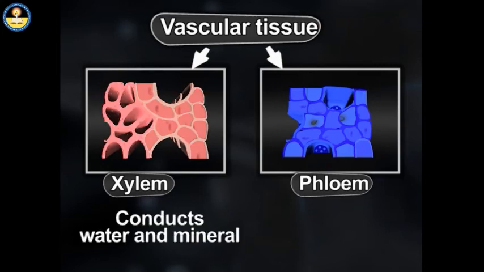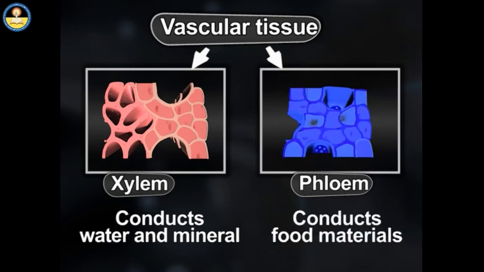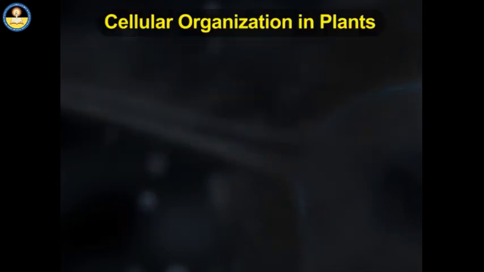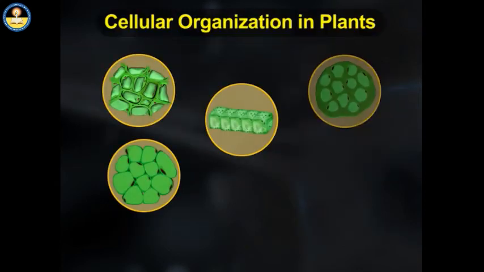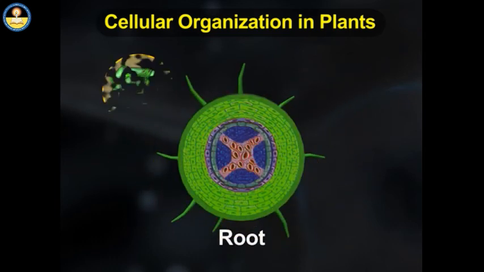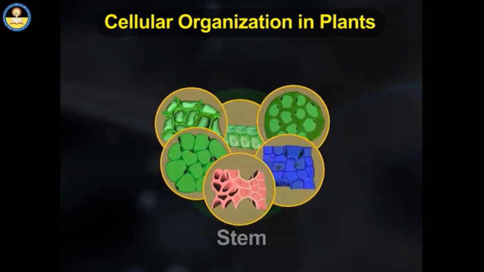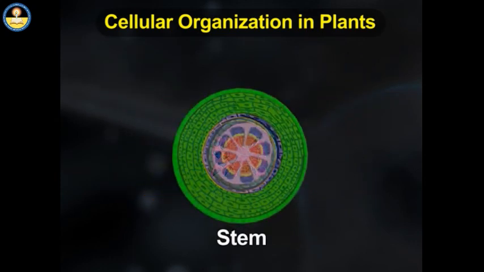It is a complex tissue meant for the conduction of water and mineral salts. Phloem tissue is also formed of a number of cells and responsible for the conduction of food materials. All of these tissue systems join to form an organ. The same set of tissues arranged in a slightly different manner form another organ of plant body.